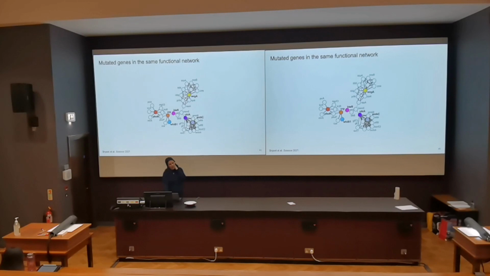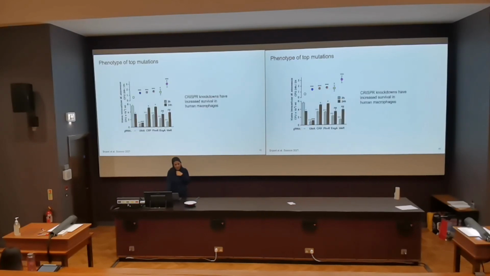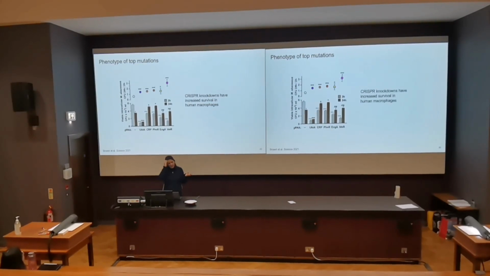And we also found that many of these genes were related functionally, they're all part of the same functional network, just using String, which is a database of functional networks of genes. And so I identified the 5 genes with the most mutations across the most patients, and then I generated CRISPR knockdowns of these genes, and then infected macrophages, and found that all of the knockdowns had increased survival in human macrophages.